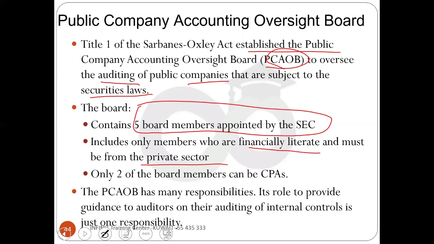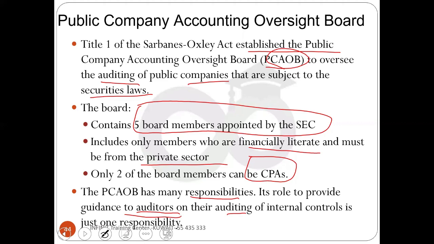They should be financially literate, and only 2 of the board members can be CPAs, but all of them have to be financially literate. And PCAOB has many responsibilities. Its role to provide guidance to auditors on their auditing of internal control is just one responsibility.